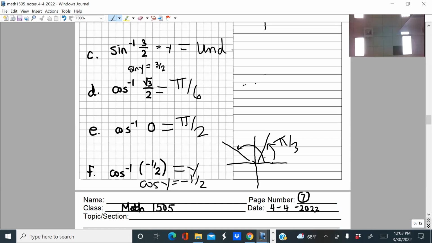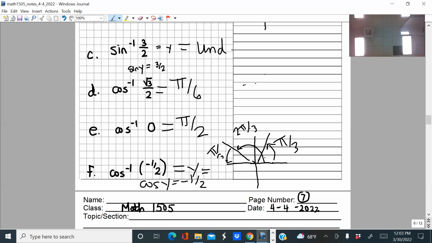Well, you want the reference angle to be pi over 3. So you want this angle to be pi over 3, right? So what's the big angle here? 2 pi over 3? There we go. So it looks like our answer there is 2 pi over 3, right? Pi over 3 short of 1 pi.